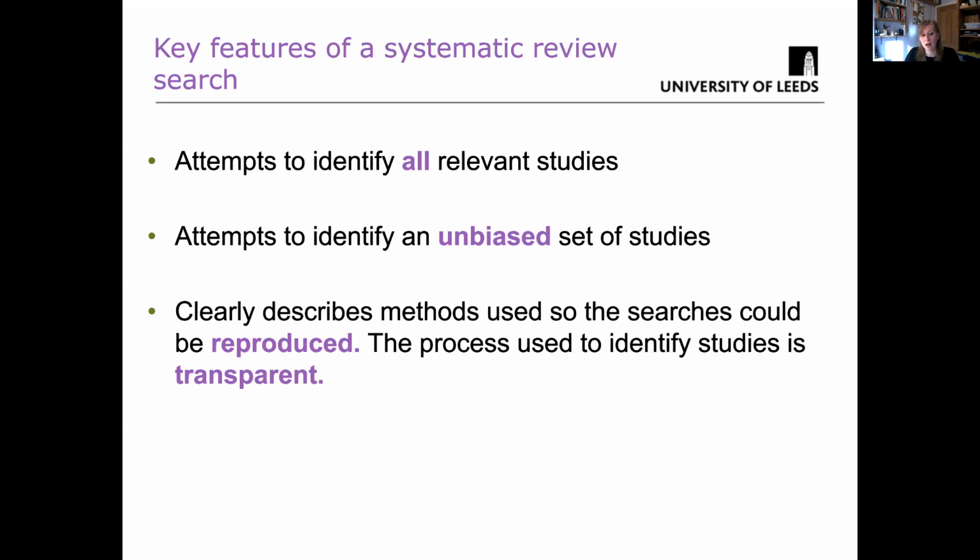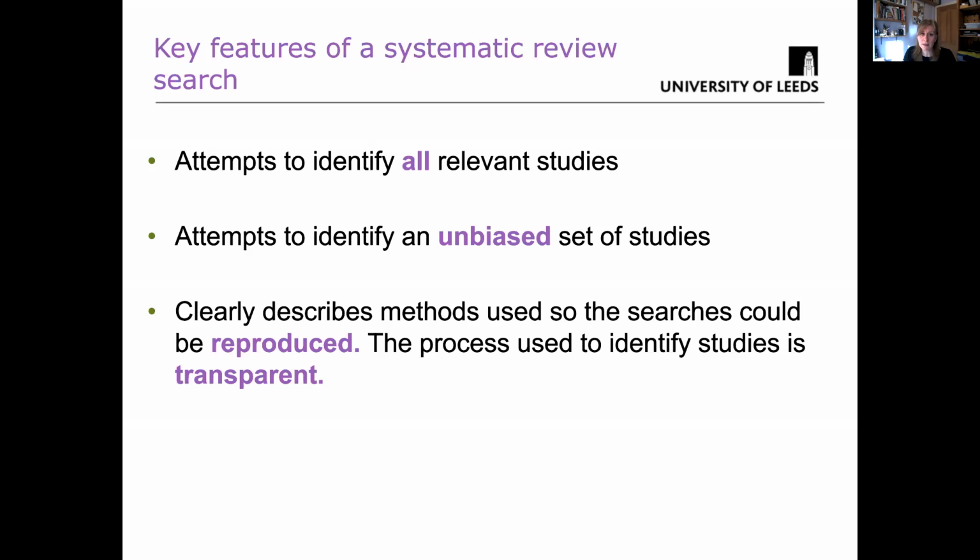And it's quite a common thing for people to look at systematic reviews and critically appraise the search quite soon. That might be one of the first things that they look at to see how they value that systematic review. So it's really important that we write up our methods very clearly, and that we're transparent about that, and that they're reproducible methods.